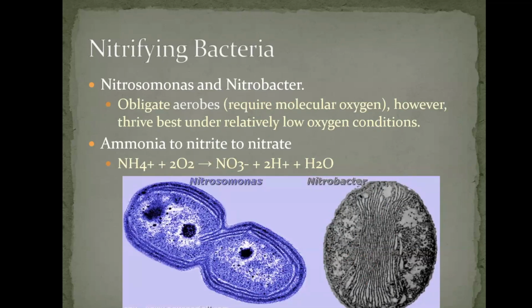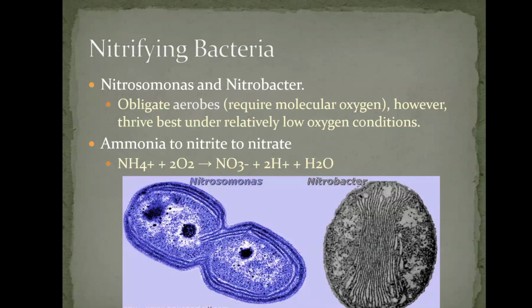So there's nitrifying bacteria, Nitrosomonas and Nitrobacter. They're obligate aerobes. They require oxygen, but they're usually best at low oxygen conditions, and they convert ammonia to nitrite and nitrate. It was thought that there were only two, Nitrosomonas and Nitrobacter, out there. There's actually dozens and dozens of them, but these were the big guys and are easy to identify.